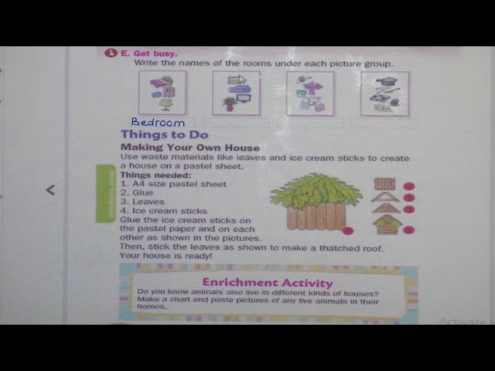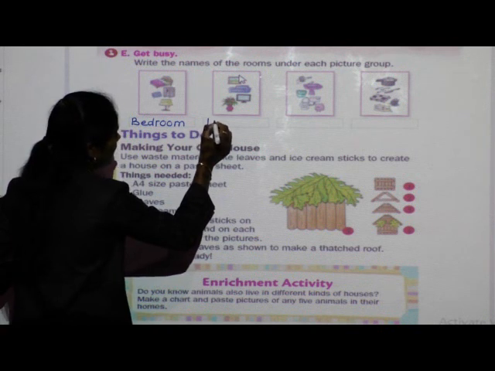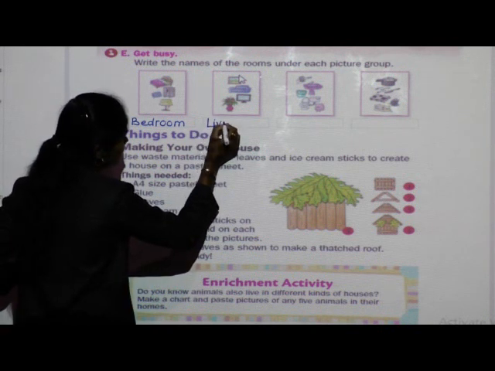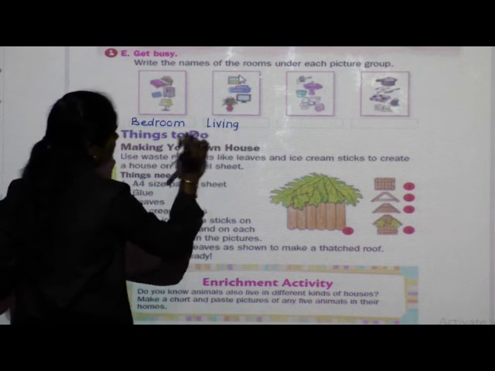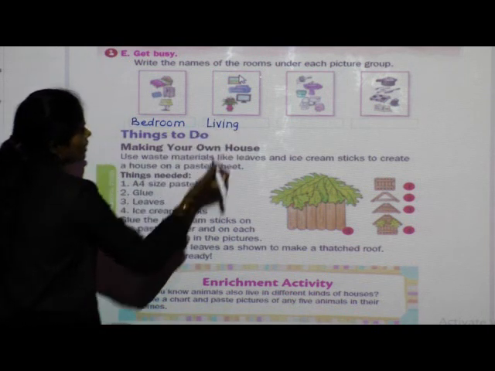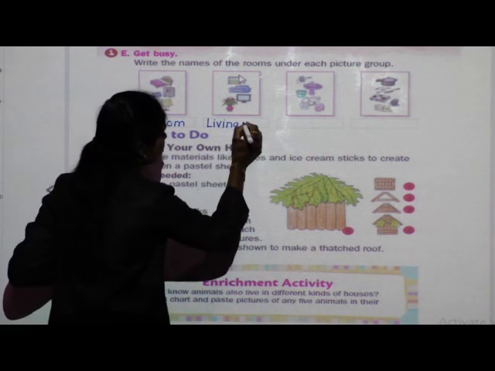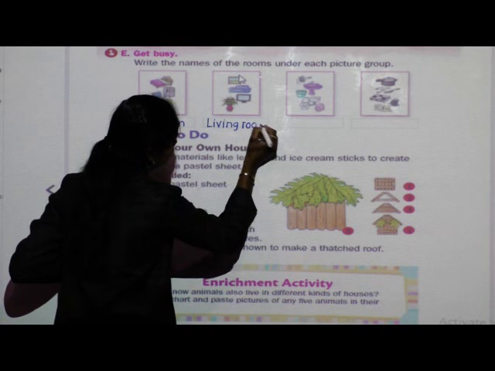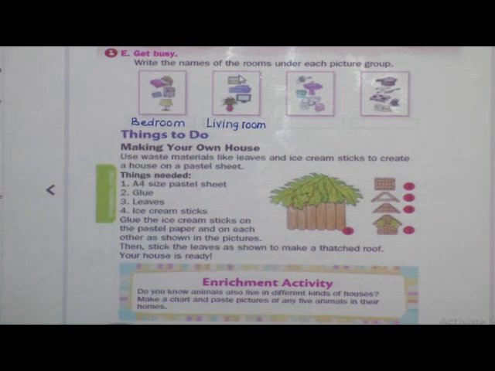Yes, in living room. Right here, LIVING, living room, ROOM, room. Next picture.